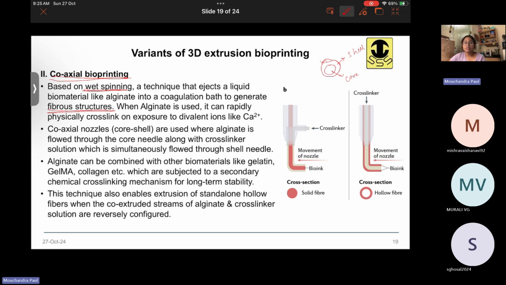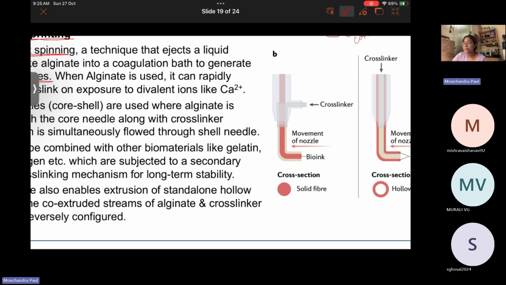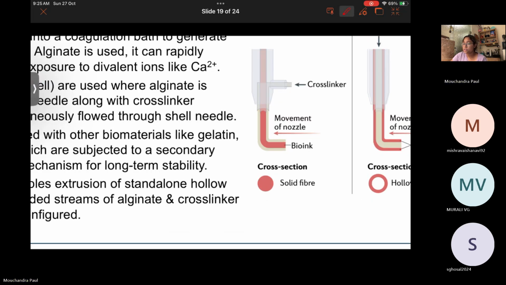Usually this technique started with using alginate as a material, but later on people started using other materials as well for this bioprinting technique. If you want to create solid fibers, like they do in wet spinning, how will you do it? As I said, the core and shell configuration are there in these needles.